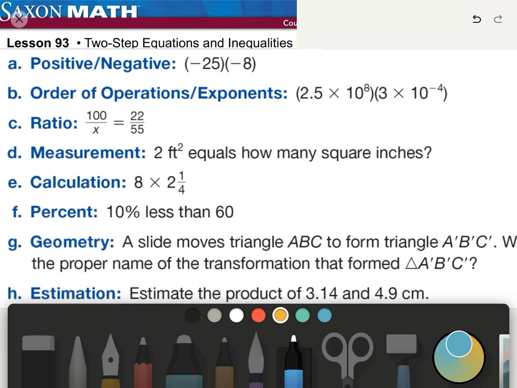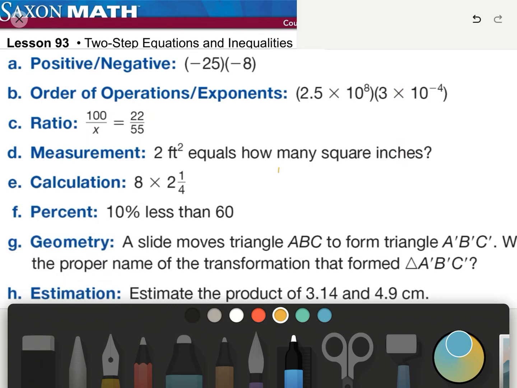D, measurement. 2 square feet equals how many square inches? Well, it's mental math, so I'm going to cheat and not use any unit multipliers. So, just looking at this, 1 square foot is essentially 12 times 12 inches.